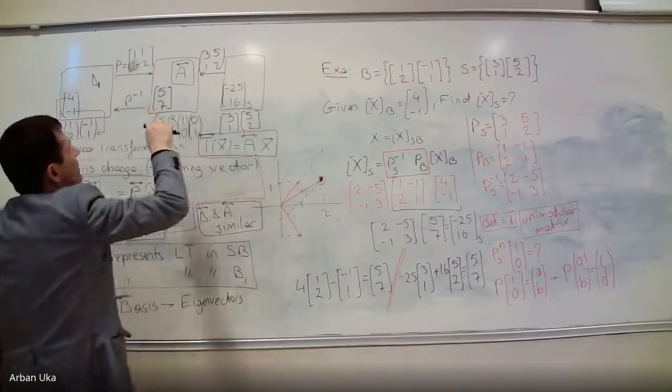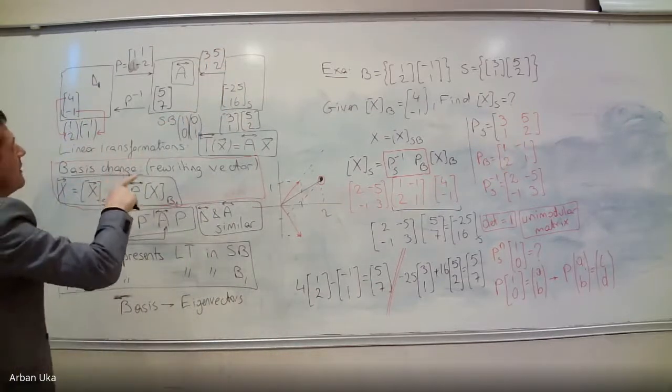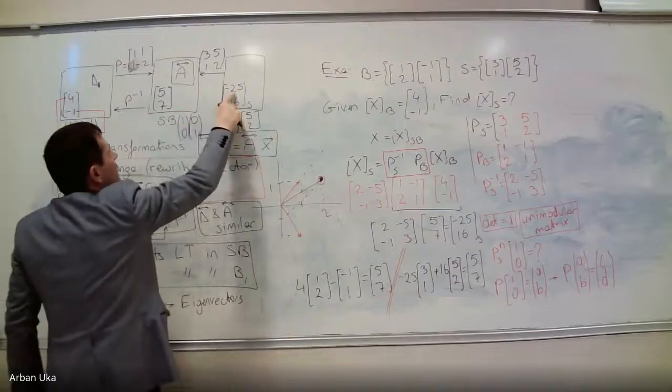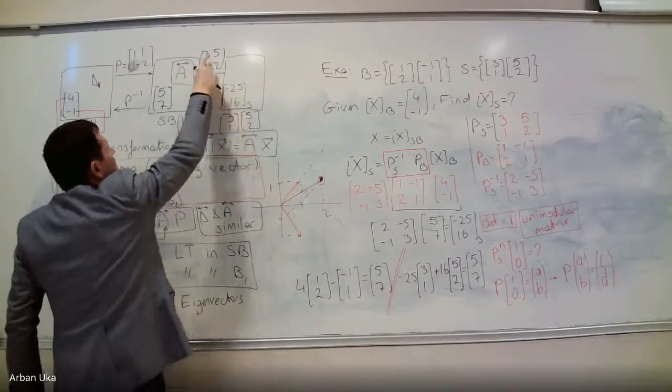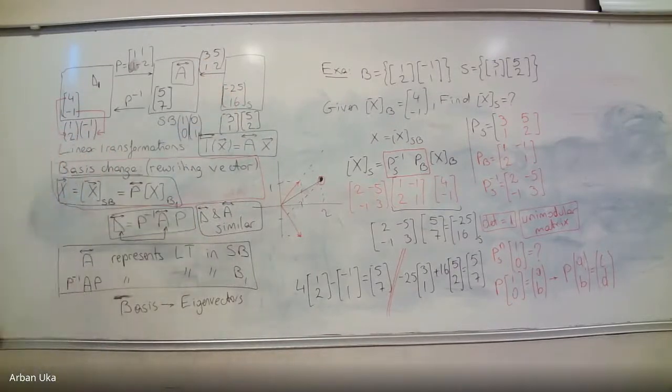And multiplying 3, 5, 1, 2 with this means that we are multiplying the minus 25 with the first column and the 16 with the second column.